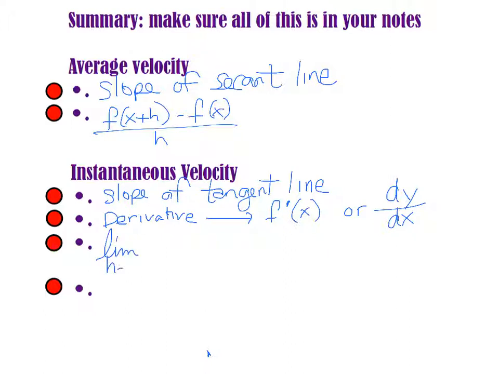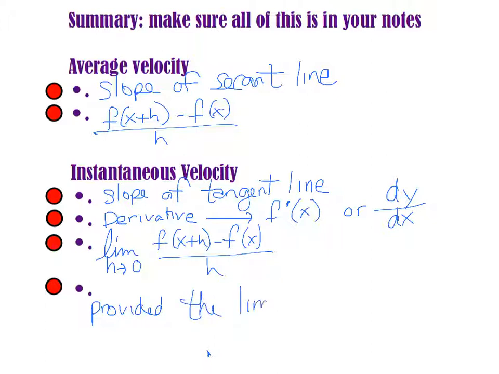It's the limit as h approaches 0 of f of x plus h minus f of x all over h. And then one special thing that we should probably chat about before we get too far, provided the limit exists.